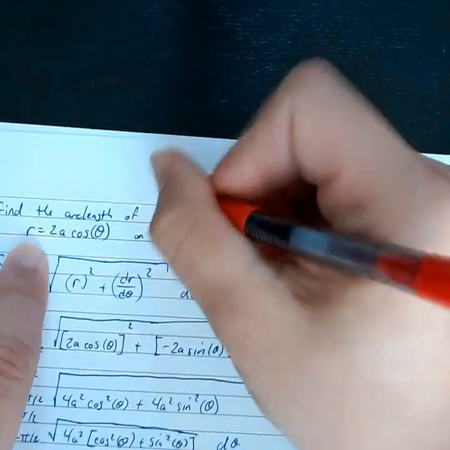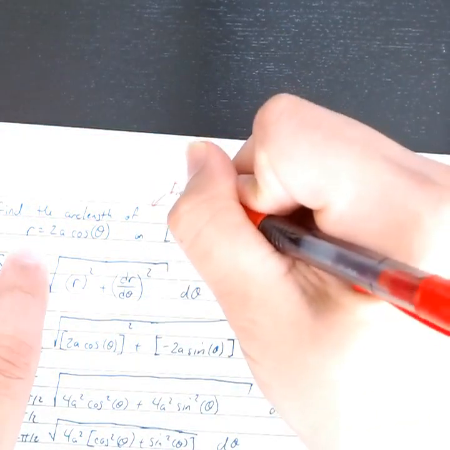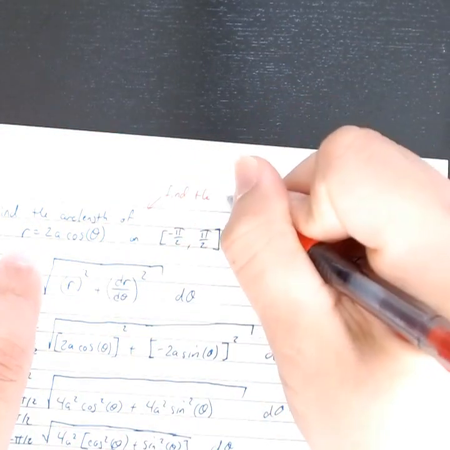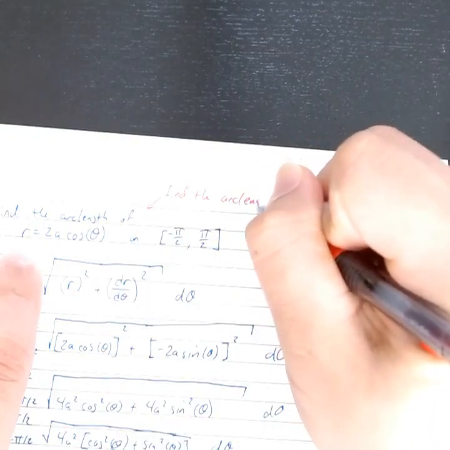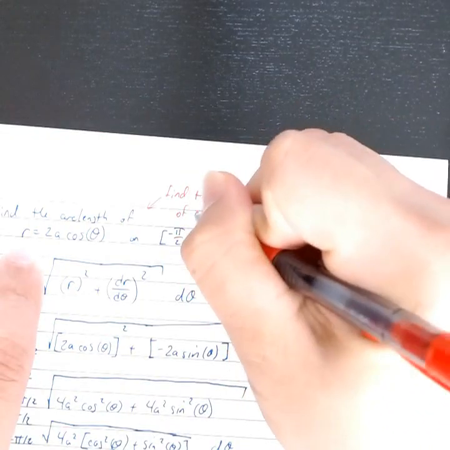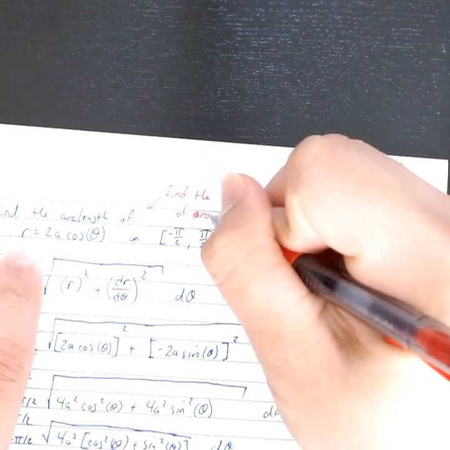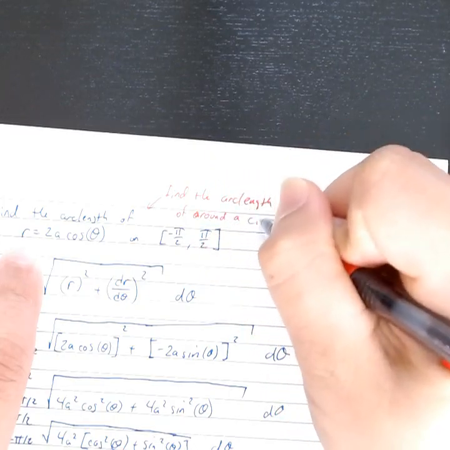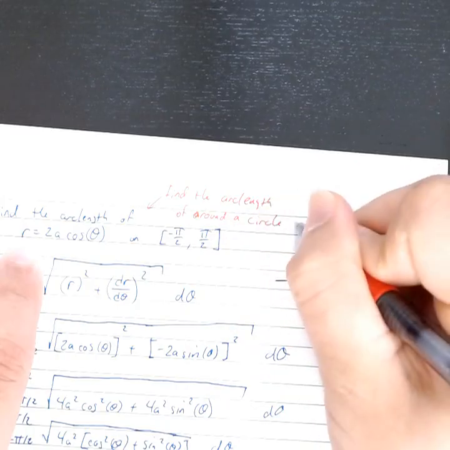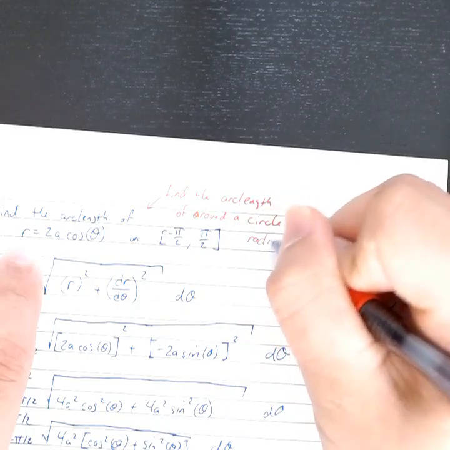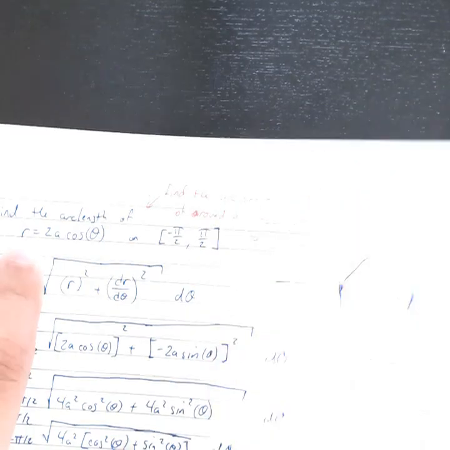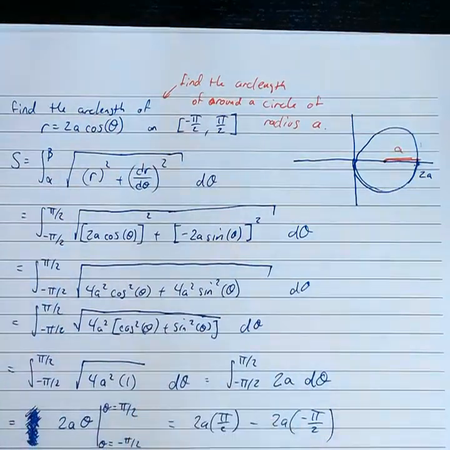So really, this is saying find the arc length around a circle of radius a. Well, the arc length around a circle has a special name.